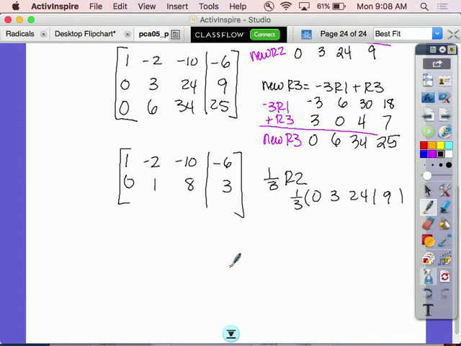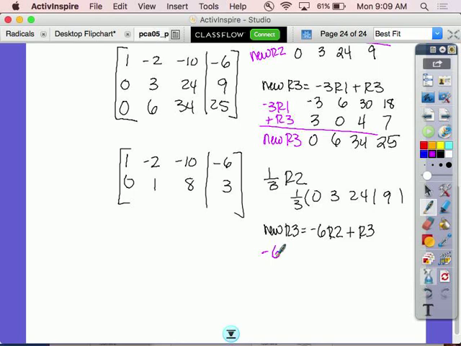I'm going to go ahead and do my new row 3 while I'm here. Row 3 already has a 0 here. That's good. What do we want to be here? A 0. How can I get rid of the 6 that's there? I can multiply it by this new row 2. Okay? So I'm going to do -6. So the new row 3 is -6 times row 2 plus row 3.